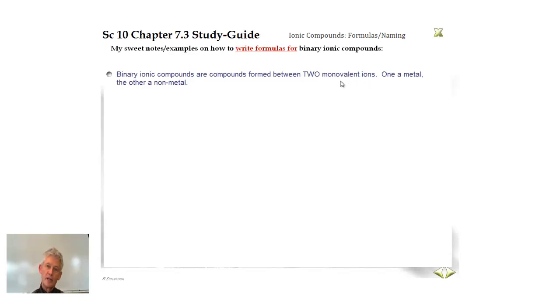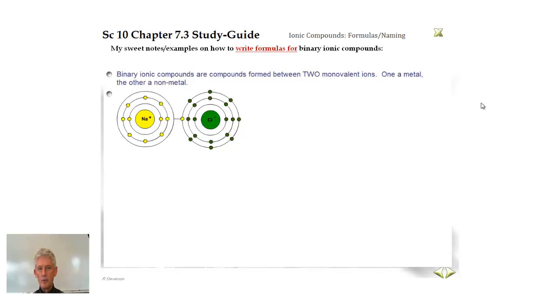You look at chlorine, it's always -1. Always, always, always. So monovalent means that you're not going to have to worry about whether this one is +2 today or +4 tomorrow. One of them is going to be a metal, on the left side of the periodic table, or further left than the other one, and the other one is going to be a nonmetal.